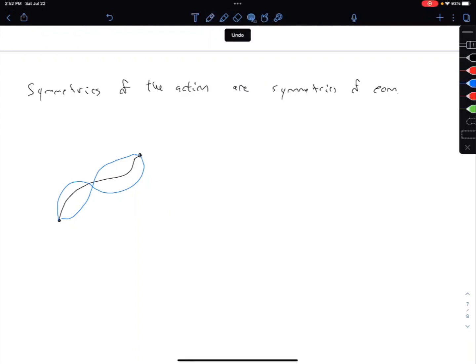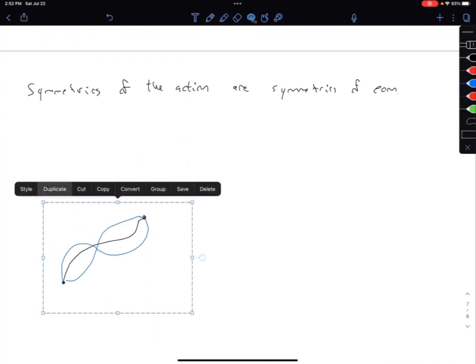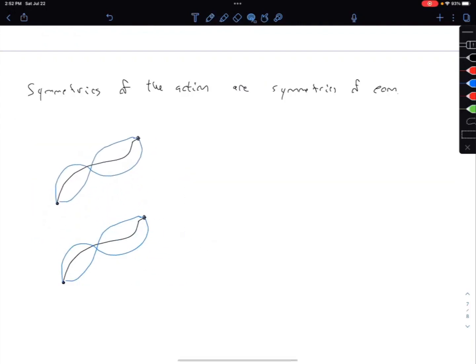Suppose I do translations just to be concrete, which means that I just shift them up. So you can see here that this black line here will also be a solution, because all of these actions for all these different paths take the same values as they did before. So if this path extremizes the action, so will this one. So it's a really basic statement. It's not anything deep. It's just that symmetries of the action, almost by definition, are symmetries of the equations of motion.